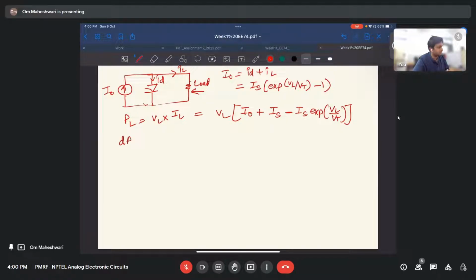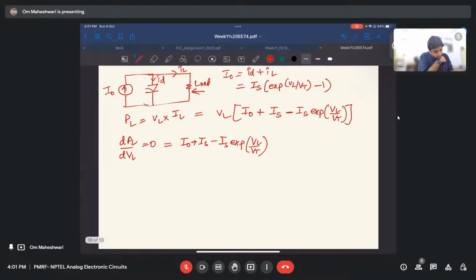They are doing dPL by dVL equals to 0. Okay, let us see how they do that. If we want to take the derivative of this term, first we will take the derivative of this and keep this constant. Then we will keep this constant and take the derivative of the second term. It is chain rule. So we get 0 equals I naught plus IS minus IS exponential VL by VT plus VL times this derivative.